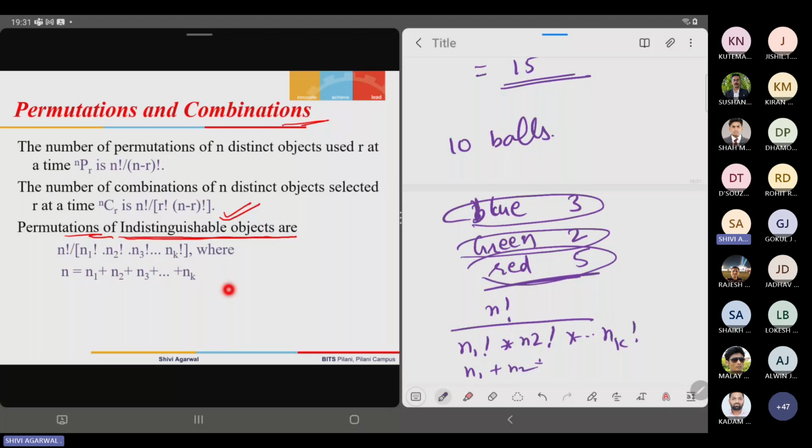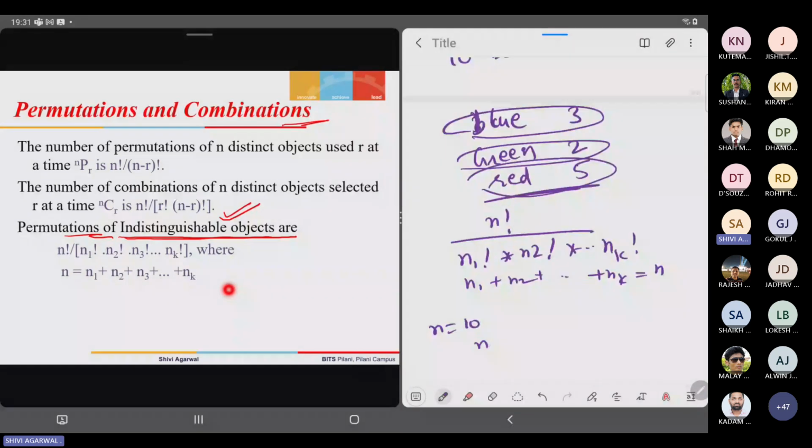In this example, n is equal to 10. n1 is what? 3. n2 is what? 2. And n3 is what? 5. So if we are taking the permutation, for example a bag having 10 balls, but they do not have numbering like 1, 2, 3, 4, 5, 10 by which you can distinguish them.